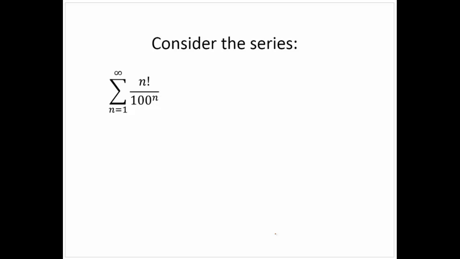All right, so we're going to look at some series here, and our question is, does it converge or diverge? That's our basic question with these series. Consider the series sigma n equals 1 to infinity of n factorial over 100 to the n.